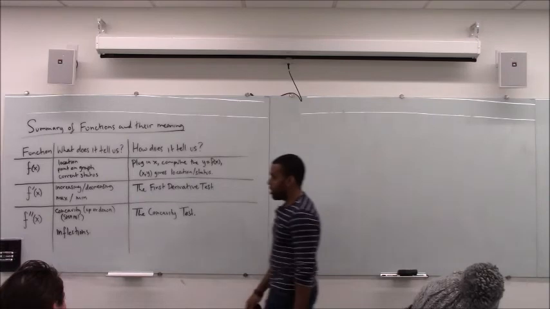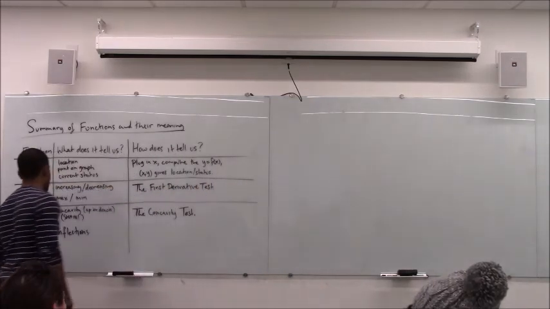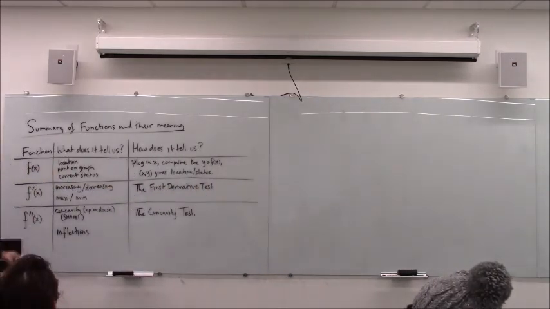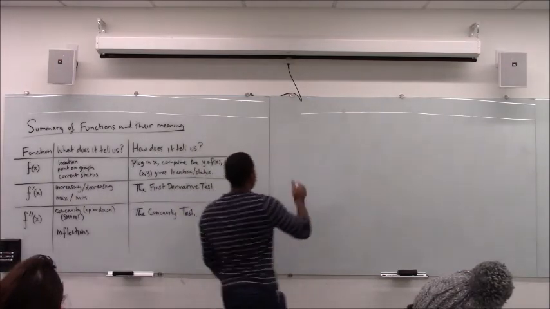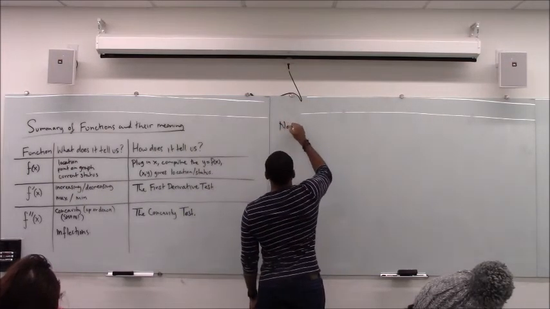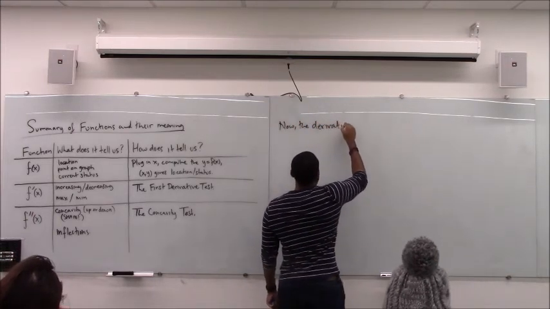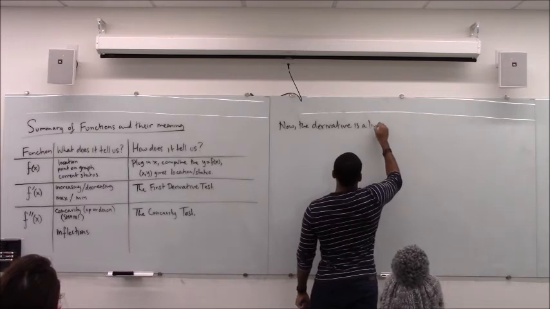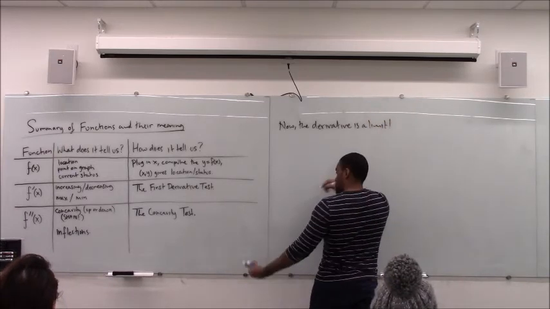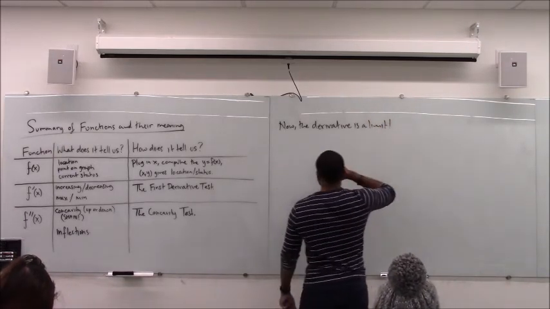Now, this all assumes one very important thing, that finding these guys is possible in the first place. Now, remember what the derivative is. It's a limit. The limit as h approaches 0 of the difference quotient, right?